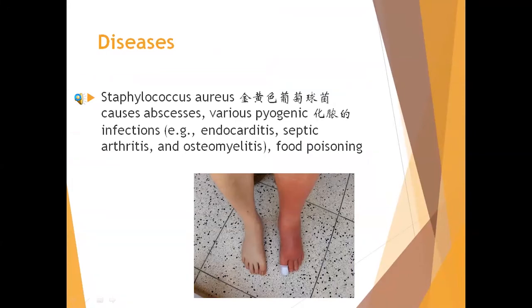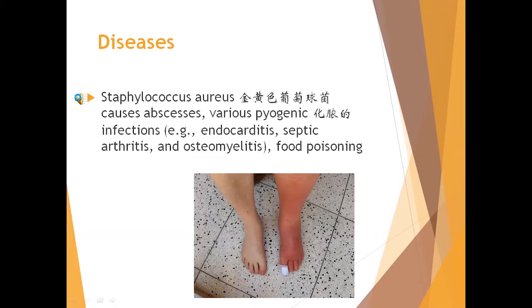Staphylococcus. Staphylococcus means a cluster shape, like a group of bacteria together, like in this picture here.